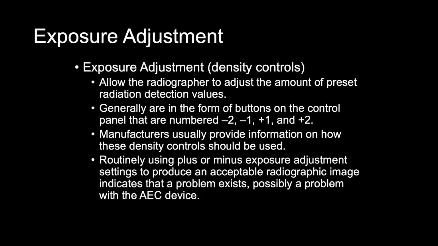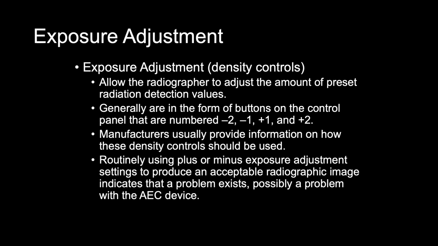AEC devices are equipped with a mechanism called an exposure adjustment, also known as density controls. It allows the radiographer to adjust the amount of preset radiation detection values. These are in the form of buttons on the control panel that are numbered -2, -1, +1, +2, and then sometimes you'll see +3.